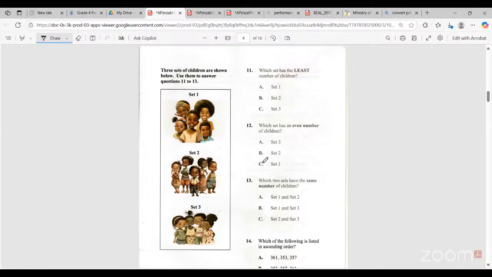That's the only set, right? All right. Xavier, you picked your one already. What about the others? Which set has the least number of children?